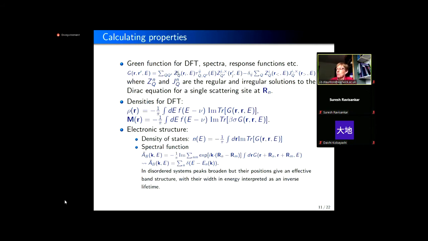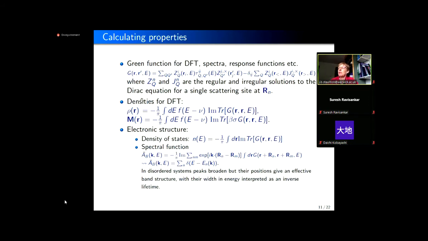And so these single-site wave functions are formally the regular and irregular solutions to the Dirac equation for a single scatterer at some position Rn. And likewise for regular and irregular, so it depends on how you've matched those combinations of solutions that I talked about earlier. Okay, so that's the formal structure. So that's where all the observables are coming from and how they're constructed out of scattering theory pieces.